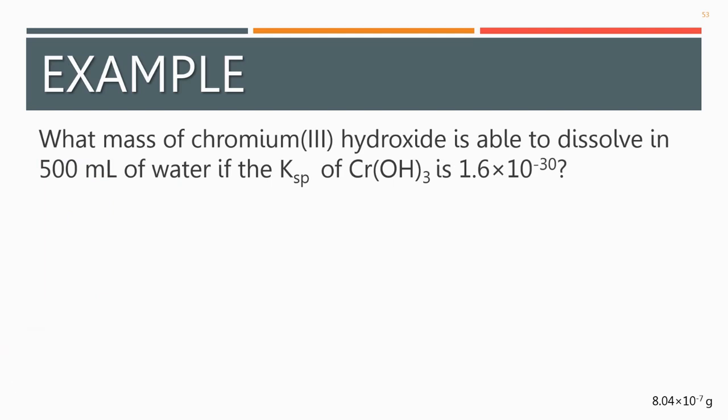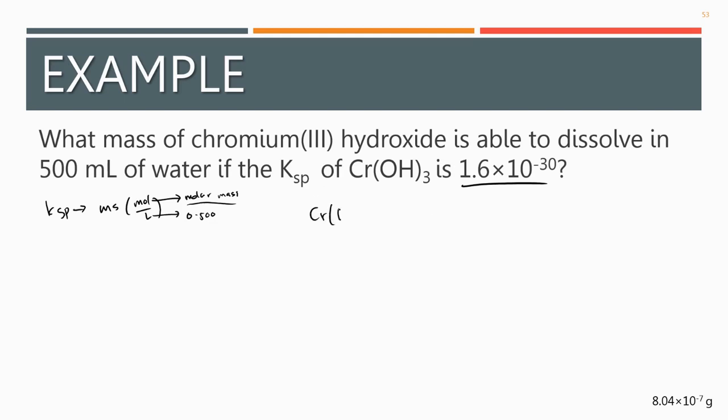So we are given a KSP. So we're going to work back from KSP to molar solubility, moles per liter, and then we're going to work on the top, and we're going to use molar mass. And then we're going to work on the bottom by multiplying by 0.500. So first thing that we need to do here is set up our equation.